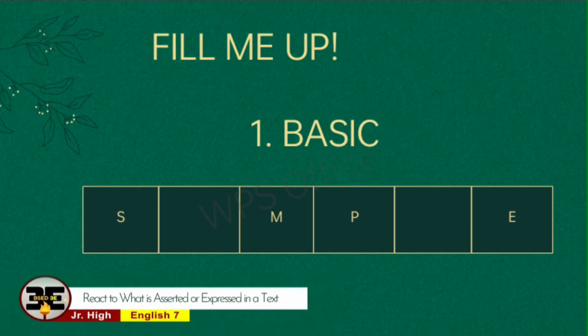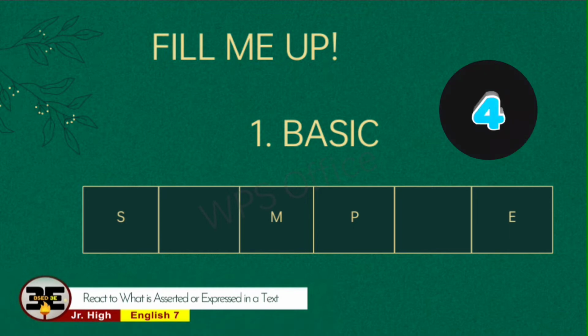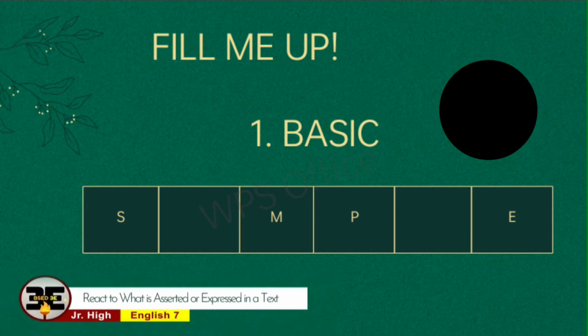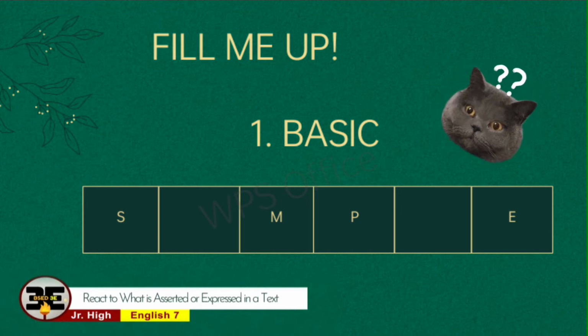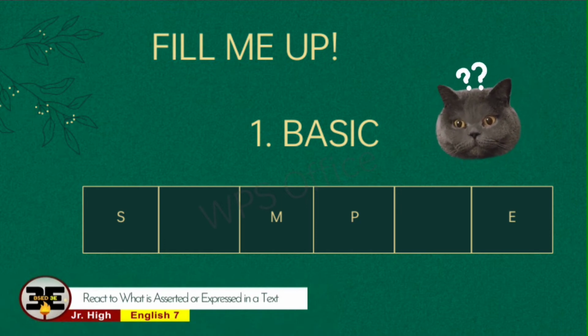Let's begin! Number 1. For basic. What are the missing letters that will complete the word? What word did you come up with? Yes, that's correct.